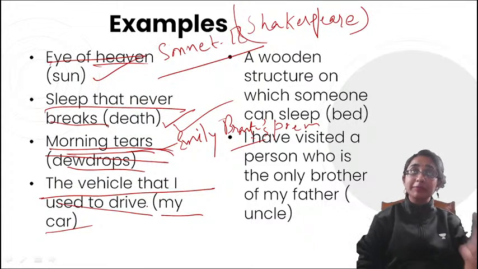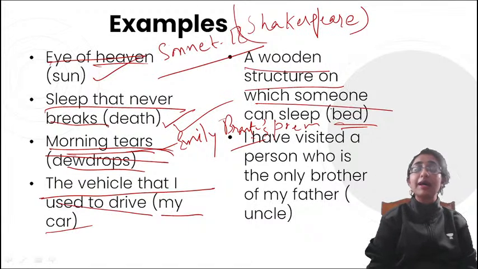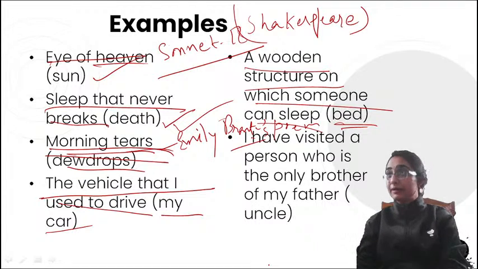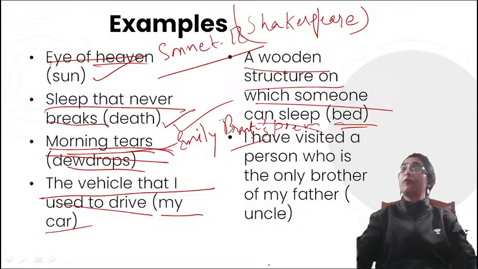That means my car. But I am saying a simple thing in a roundabout way. Now, I am not saying bed. I am saying a wooden structure on which someone can sleep. That means it is bed. But I am saying it in a roundabout way.